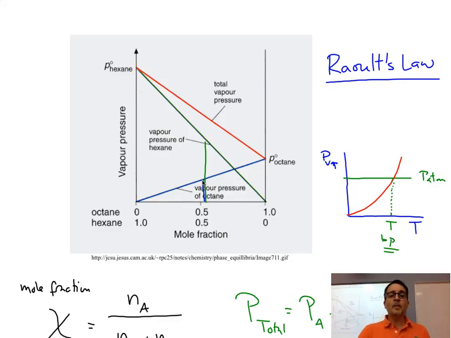Okay, and so you are taking advantage of the fact that what you are going to recondense every single time is the gas. So it goes up at 50-50, let's say, and then because of that 50-50 initially, your gas actually is going to be maybe 70% hexane, 30% octane. That recondenses.